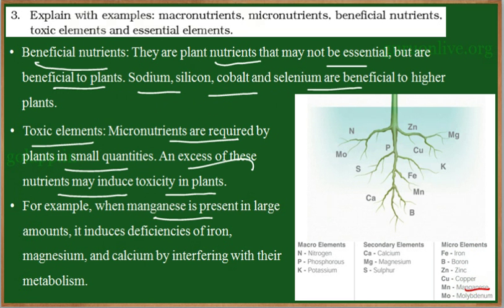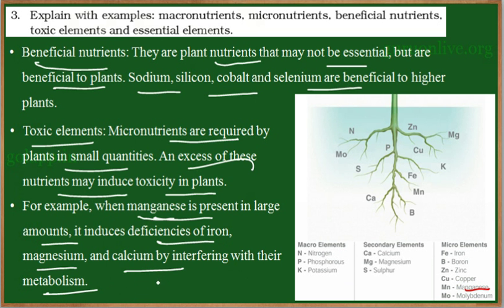But when the same manganese is present in larger amount, it induces deficiency of iron, magnesium, calcium and interferes with their metabolism. So when the manganese concentration increases, it leads to deficiency of the other nutrients required for the plant, like iron, magnesium, calcium, and it also interferes with metabolic reactions.